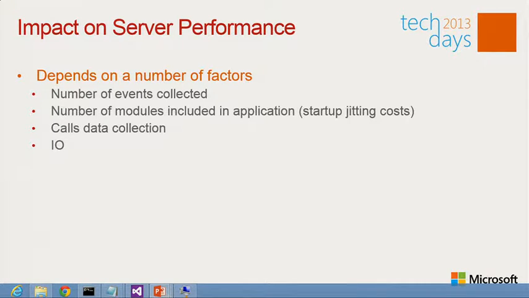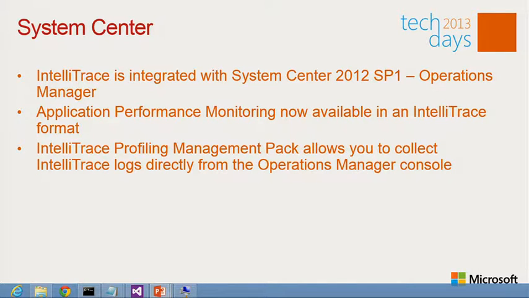So really, what it comes down to is you kind of have to experiment and see what works for you in your staging environment. Of course, if you have a more immediate problem, and you're having a bunch of server downtime because of it, then you might be better off just making that trade-off sooner rather than later, and just get it over with and run IntelliTrace.